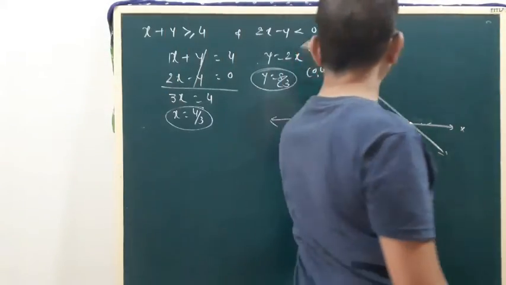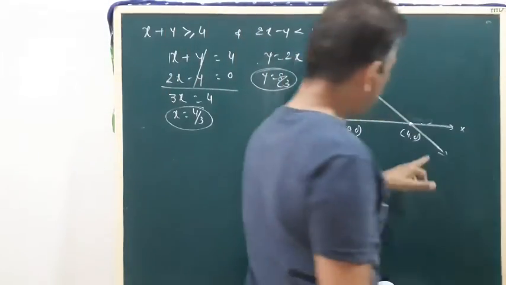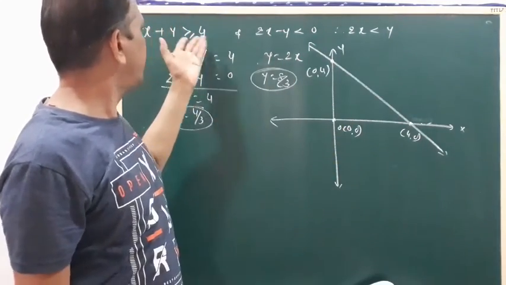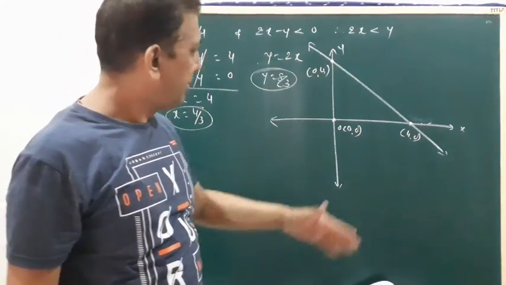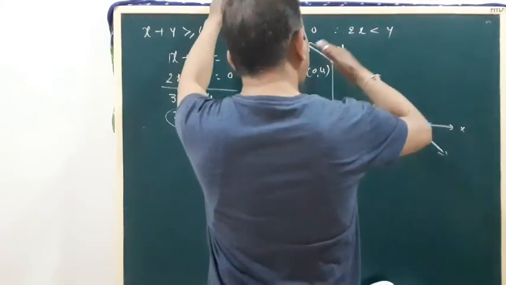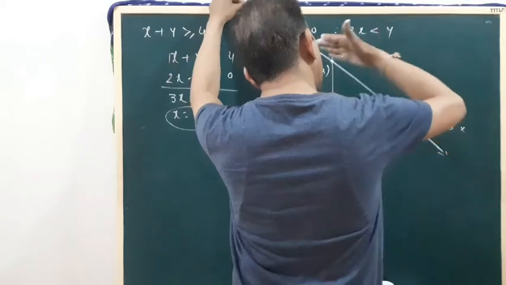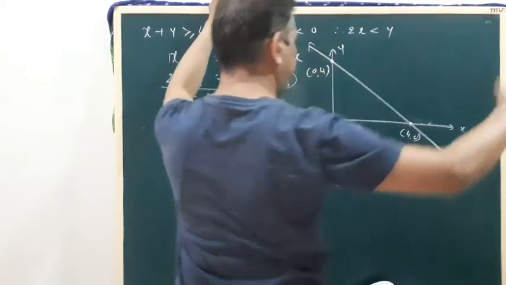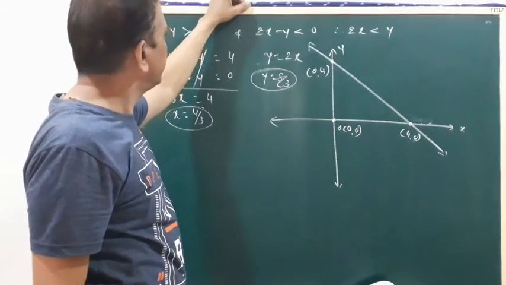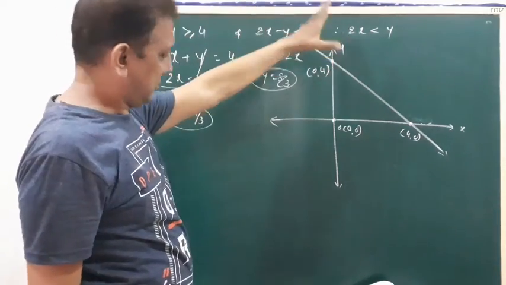Upper part, this portion. You can check also, next point (5, 0): 5 plus 0, 5 is greater than or equal to 4. Right? So here the first line, upper part of this line. Okay? Clear?